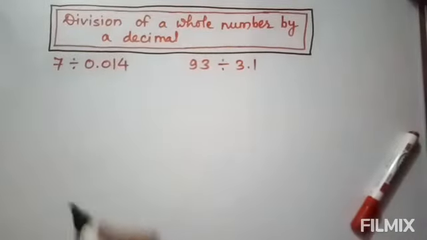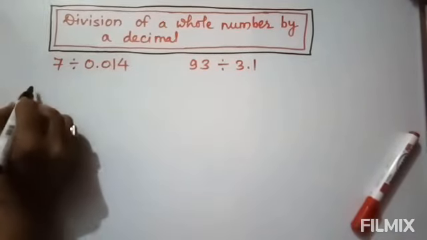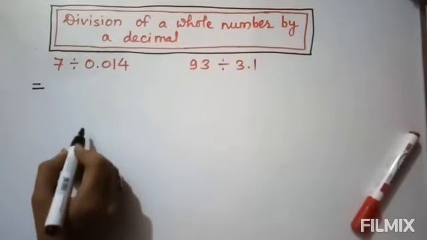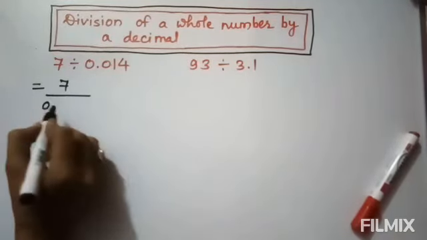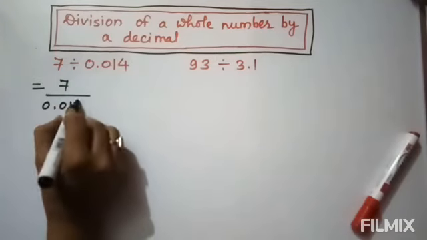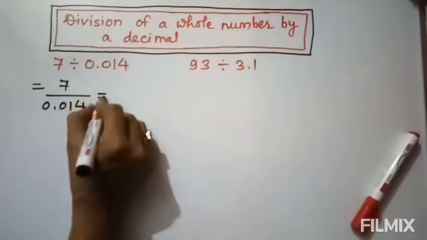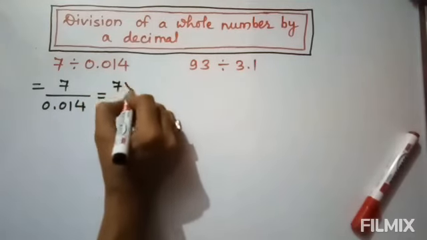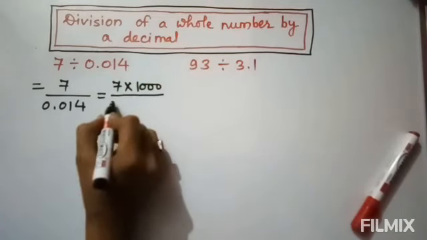Let's do another 2 questions so you will be able to solve this type of question very well. 7 divided by 0.014. Write it in fraction form and observe how many decimal places the divisor has. 1, 2, 3. Now what to do in the next step? We need to multiply the dividend and divisor by 1000.